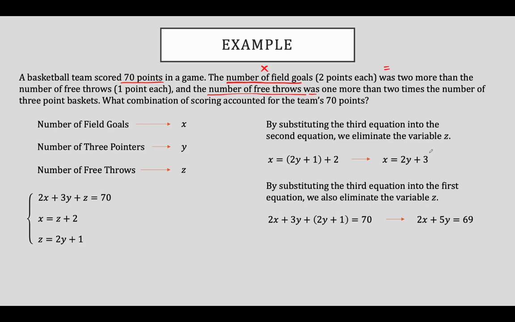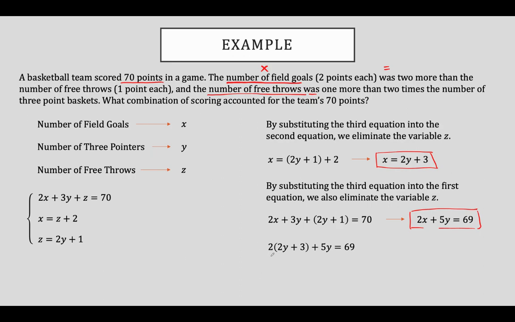All right, so doing that substitution gave us two equations that have the same two variables. And we can now solve this system using our two new equations. The easiest way to solve this system is probably substitution, right? We've already got our x value here isolated. We can substitute that quantity for x into the second equation. That gives us 2 times 2y plus 3 plus 5y is equal to 69.